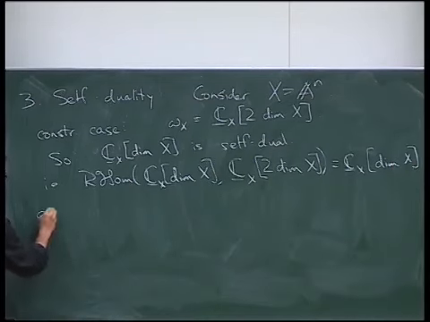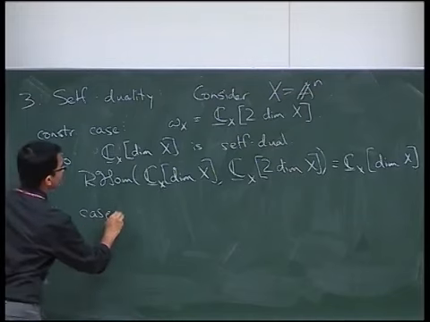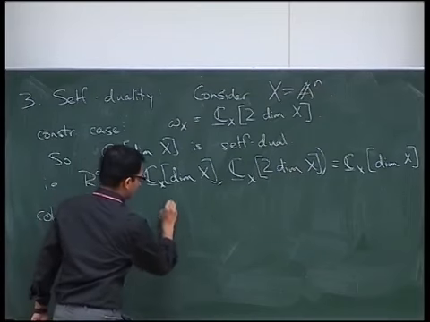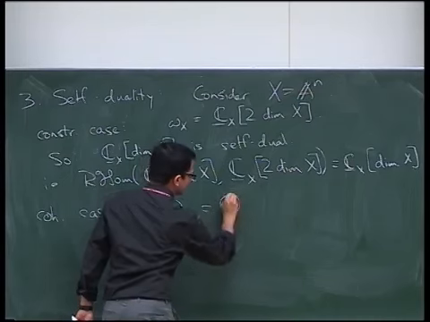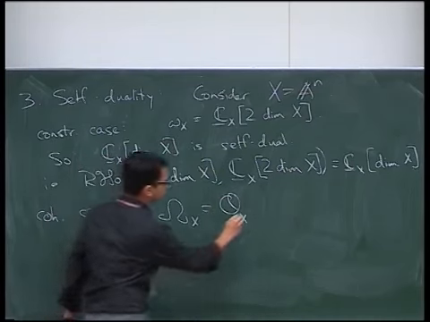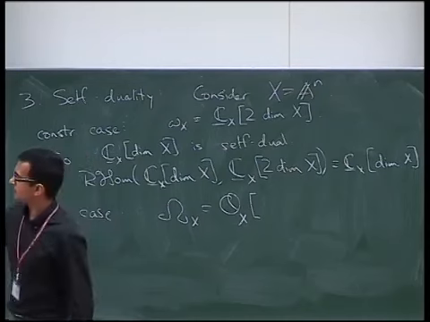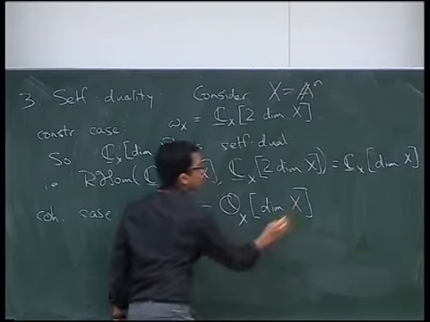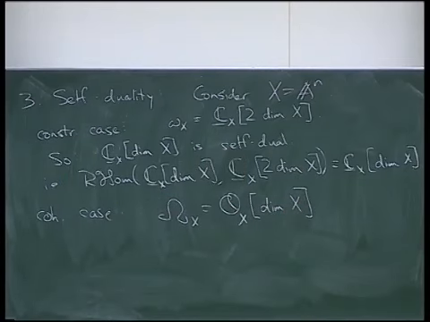In the coherent case, well, the canonical bundle of affine n space is trivial. And so you just get the structure sheaf. And I didn't specify the shift over there. There are different ways to normalize this, but with the normalization I want to use, the appropriate shift here is the dimension of x.